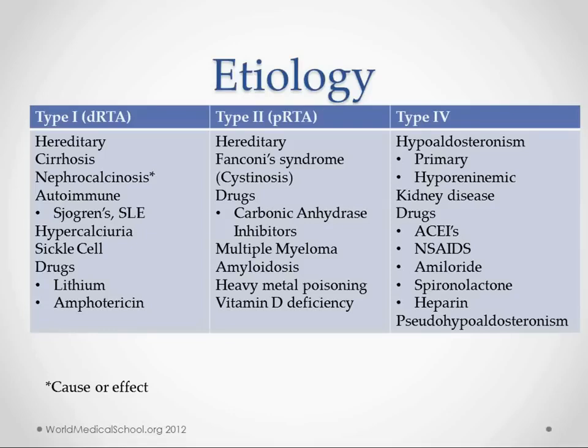So this is usually going to be an adrenal issue, like in primary hypoaldosteronism, or it could be a hyporeninemic cause where we're not making enough renin to stimulate aldosterone production, which could be a problem with kidney disease or drugs like ACE inhibitors, NSAIDs, amiloride, spironolactone, and heparin. Spironolactone we can figure out pretty easy, right? Because that's a direct aldosterone inhibitor. And then there's also pseudohypoaldosteronism.